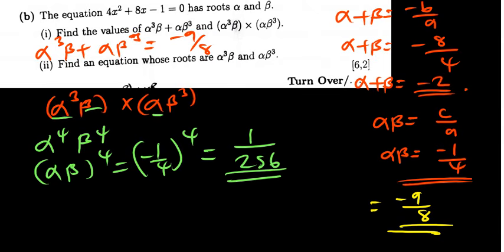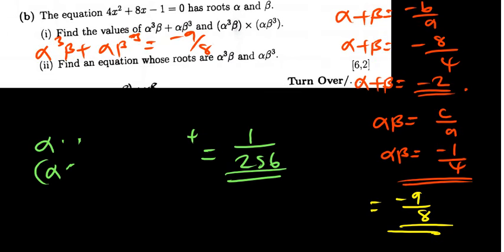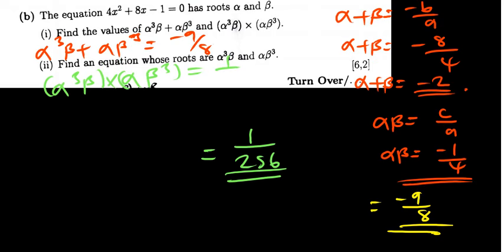So alpha to the power 3 beta times alpha beta to the power 3 is equal to 1 over 256. That is the 6 marks you see here. We are done with the 6 marks part.